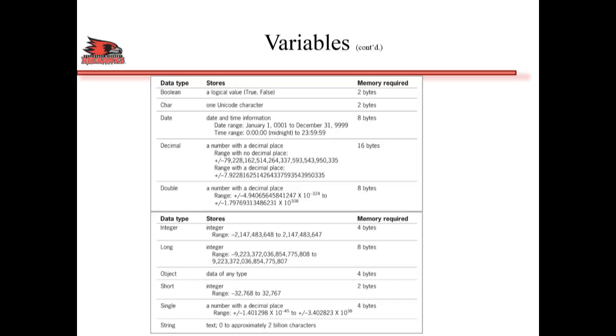Normal integers, which take 4 bytes, have a considerably smaller range than the long, but much larger than the short. All those ranges are why these memory locations are different. Object is a data type having 4 bytes. String is basically text, and the number of bytes varies according to the number of characters. So that's about all the data types there.